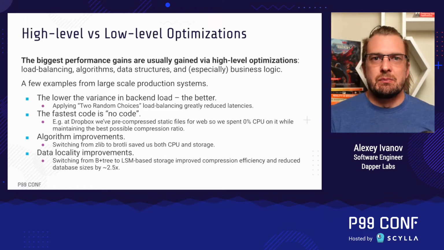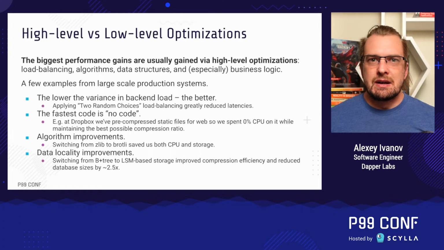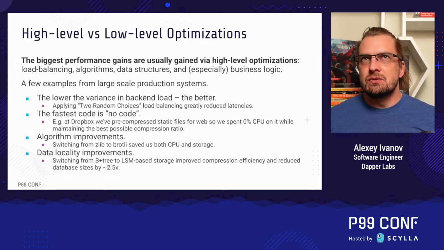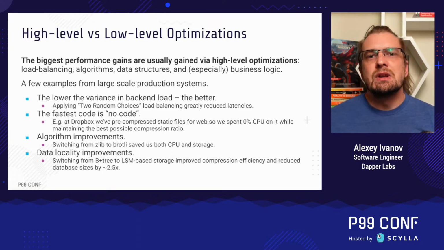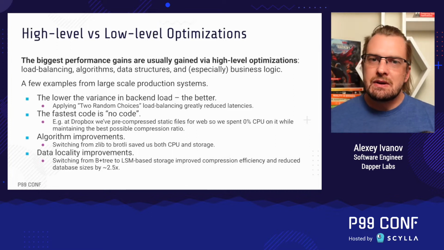Same with switching from a B+ tree storage engine to an LSM-based storage engine. Again, lots of compression improvements, reduced database size, etc. So focus on your application first, and lower levels are fun. They are rewarding when they are bottlenecks.